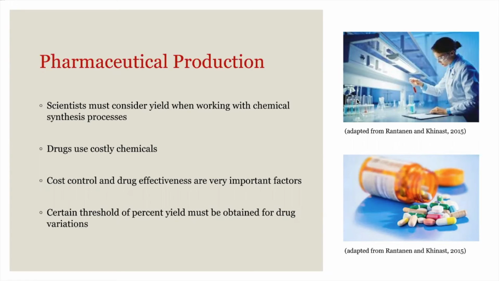It is also important to consider, guys, that studying how much of a compound is produced in any given reaction is an important part of cost control. So many employed chemists in pharmaceutical companies have to ensure that a certain threshold of percent yield is met when synthesizing certain drugs to maintain optimum efficacy and safety as well.